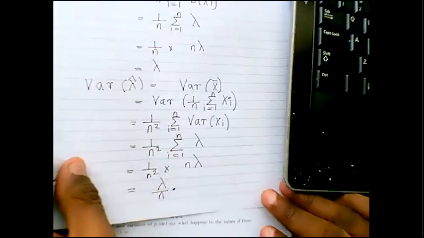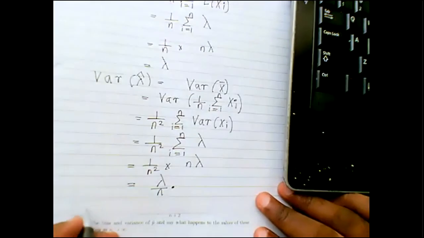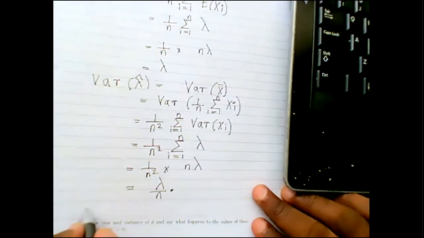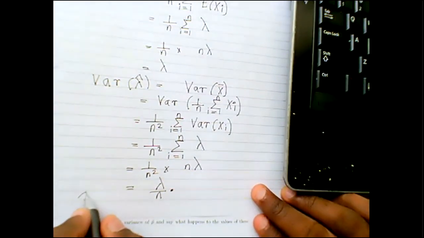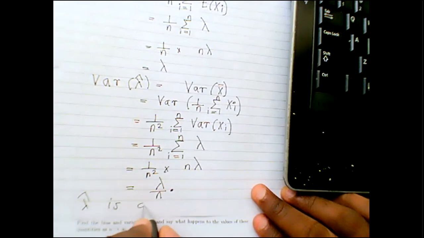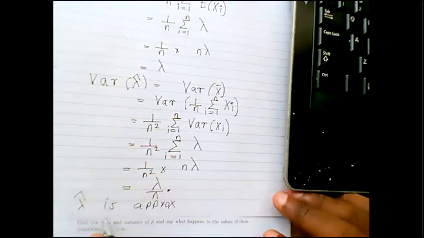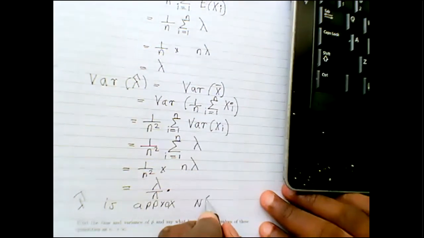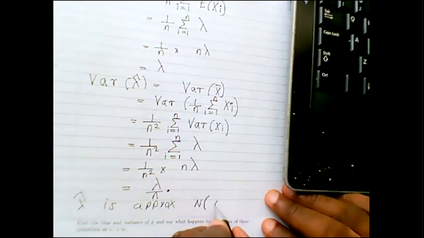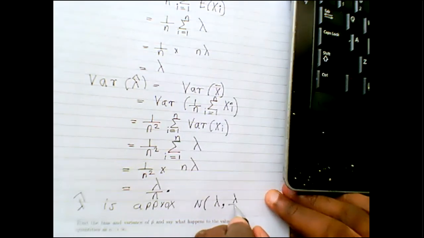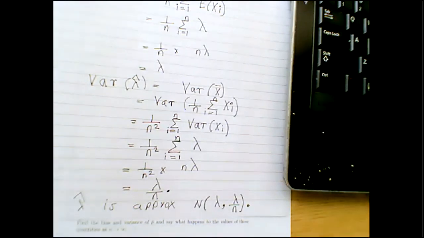In part 1, you can assume that lambda hat is approximately normal, with the mean parameter equal to lambda and the variance parameter equal to lambda by n. All right, so that's part 1.